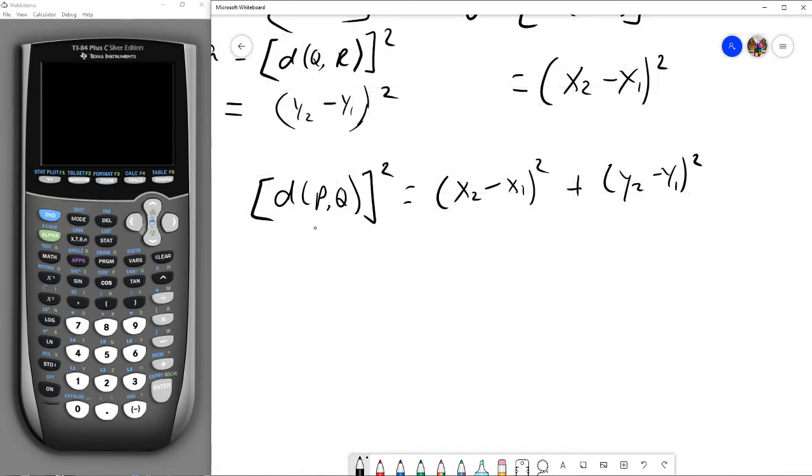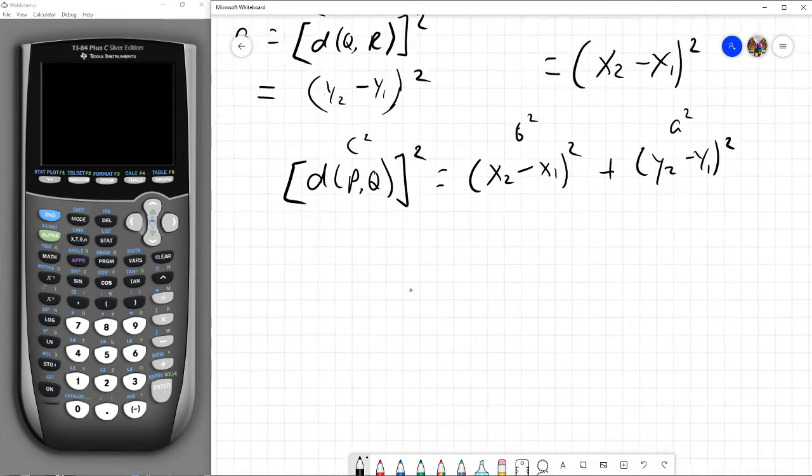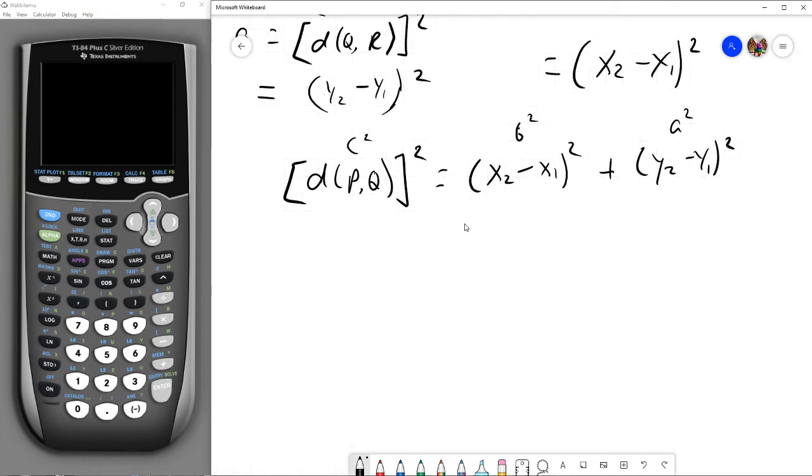Now, since the original question was what is the distance from P to Q, all we have to do is now square root it. I put the a, b, and c squared on top just to remind us what those three quantities are. So if I square root both sides, here we are, our ginormous square roots.